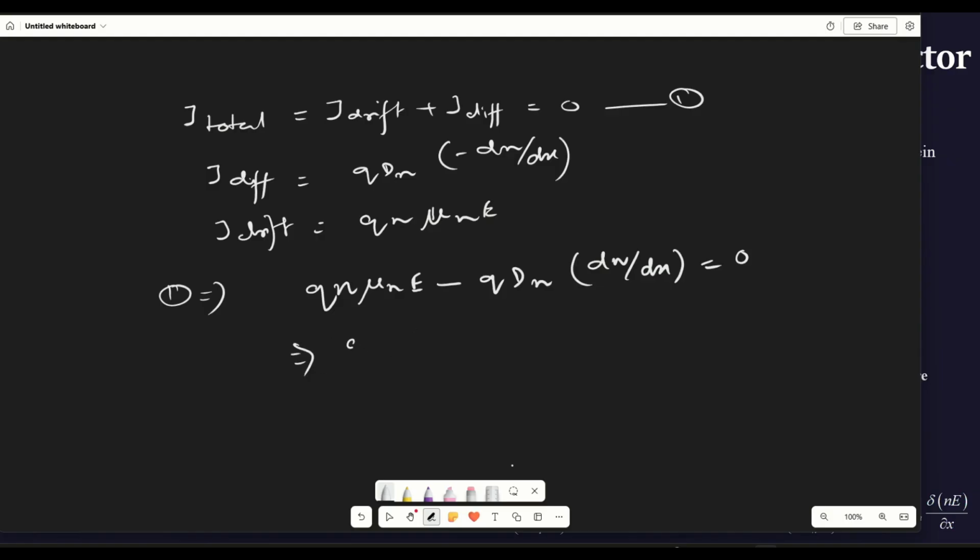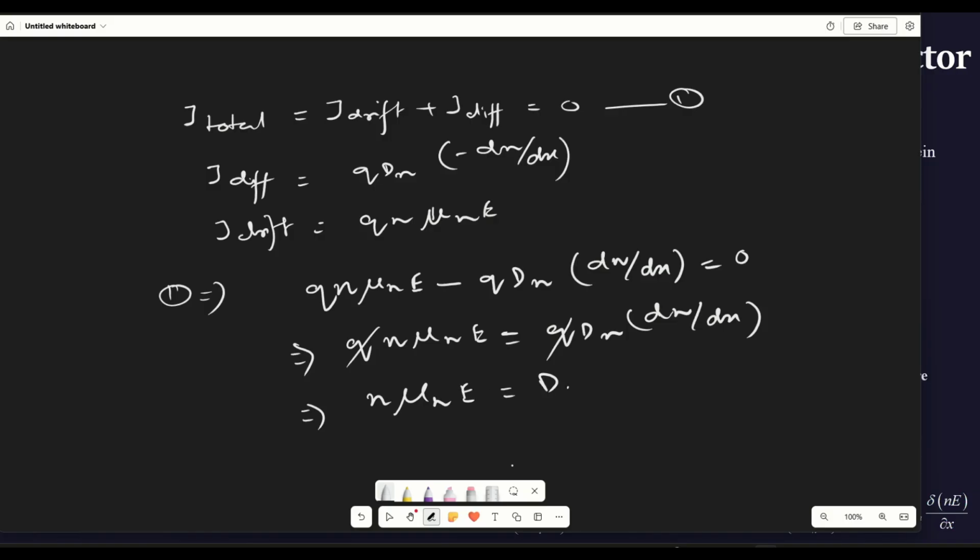Now we can simplify it. Here q will get cancelled, so we have mu_n n E equals D_n dn/dx, right?